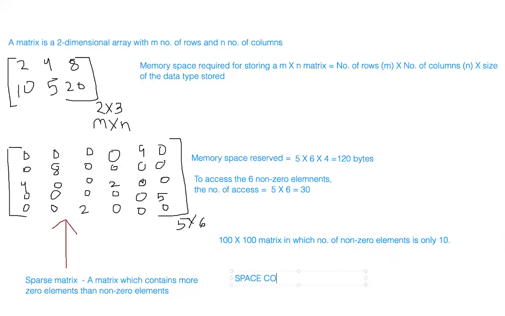Space complexity for representation of a sparse matrix using a normal 2-dimensional array leads to wastage of memory space.